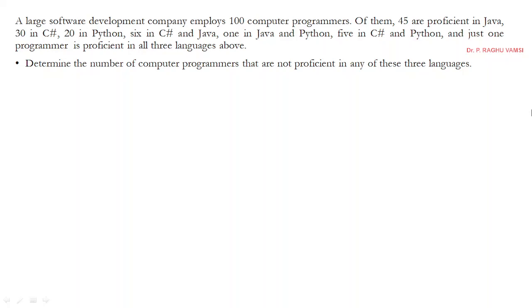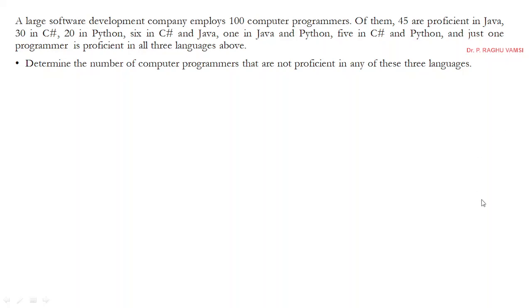Of them, 45 are proficient in Java, 30 in C Sharp, 20 in Python, 6 in C Sharp and Java, 1 in Java and Python, 5 in C Sharp and Python, and just one programmer is proficient in all three languages above. Determine the number of computer programmers that are not proficient in any of these three languages.